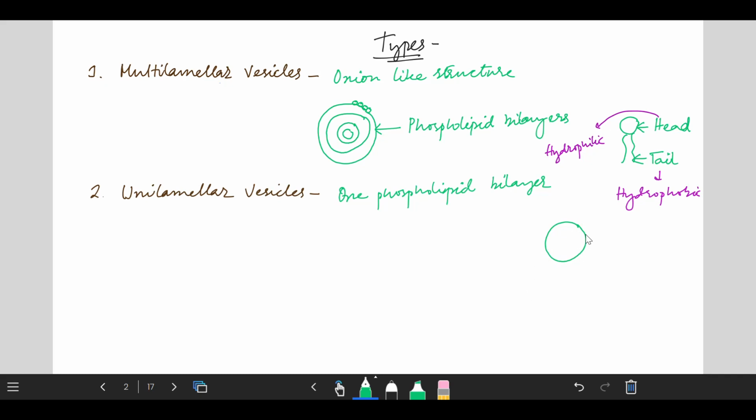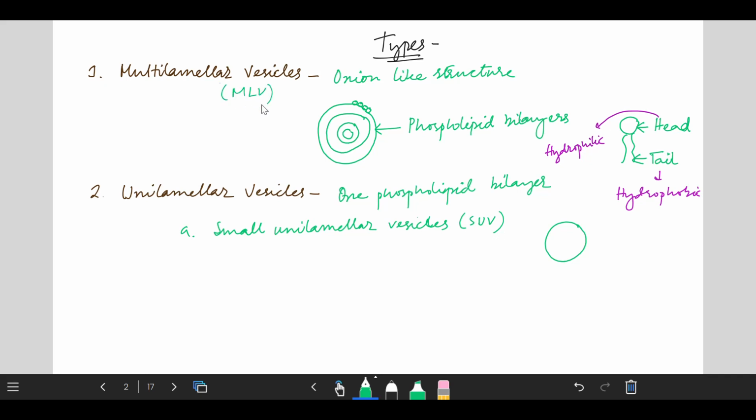And these unilamellar vesicles are again subdivided into two categories. First one is small unilamellar vesicles or SUV.